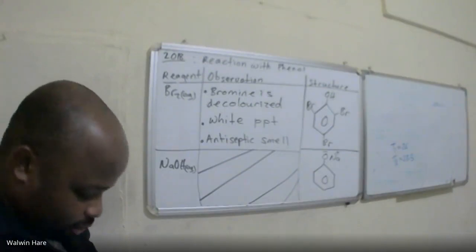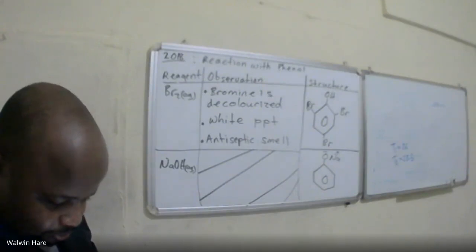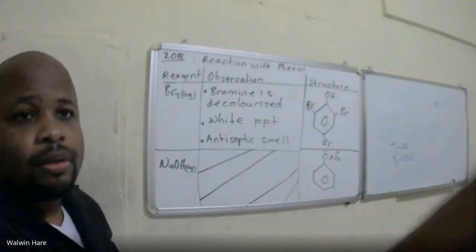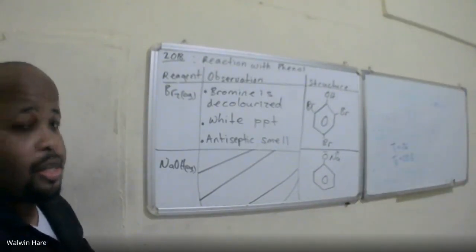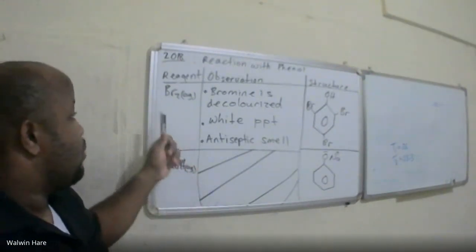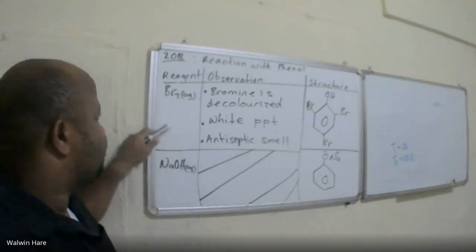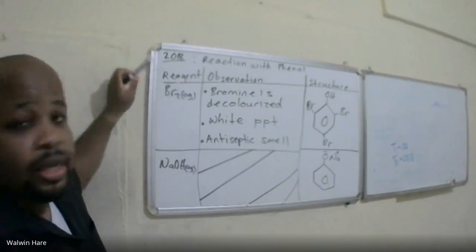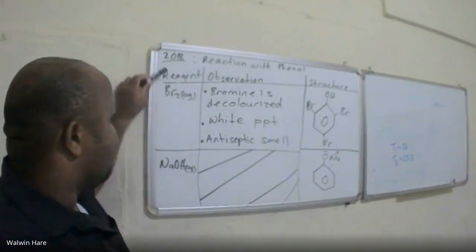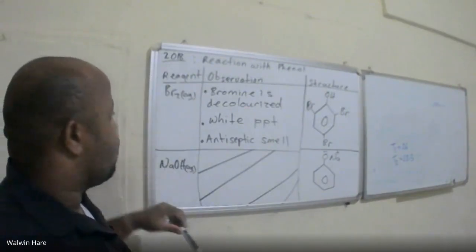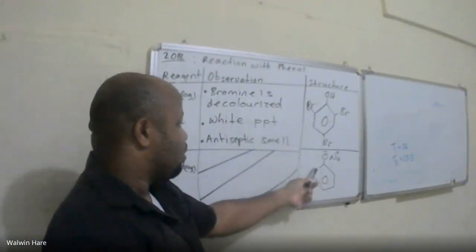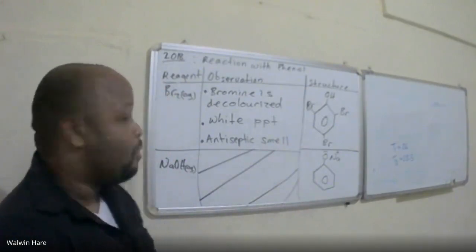All right. Let's move to the next question now. So Joel, we have just done a reaction. We are working past papers today. We just did a question from 2018. It involves the reactions of phenol. We have a table. They gave us the reagent, and we're supposed to put in the observation and the possible structure of the product that would be formed.